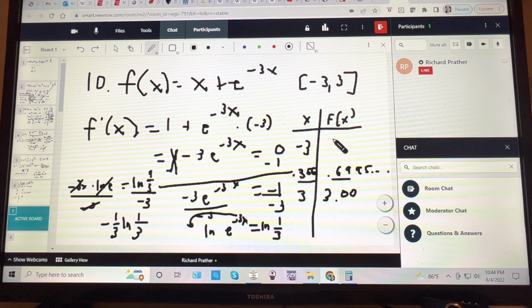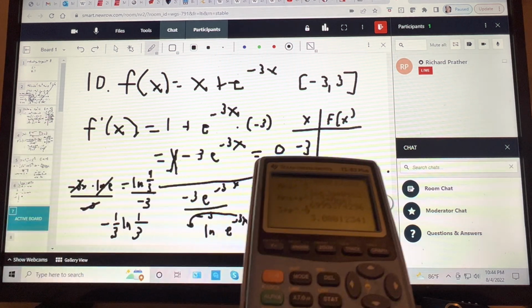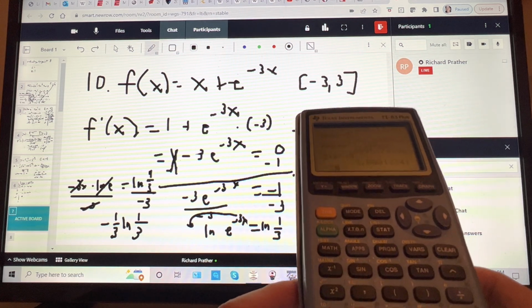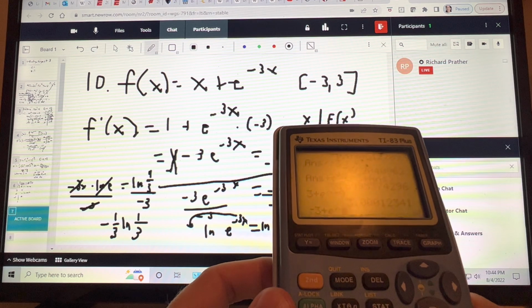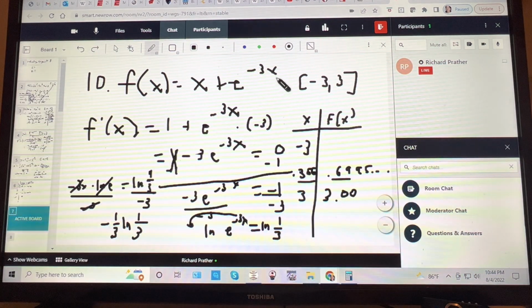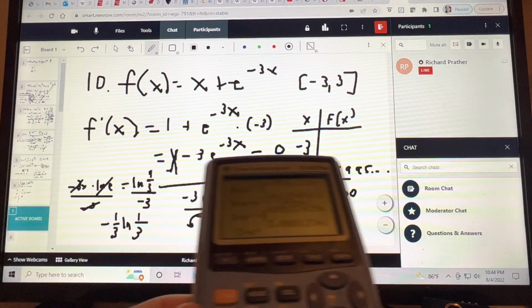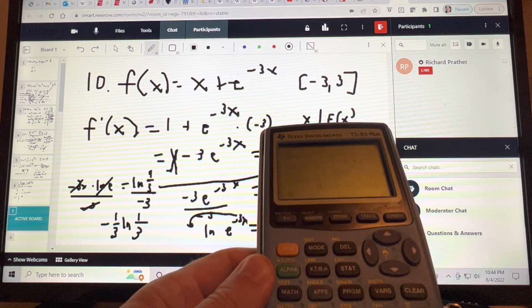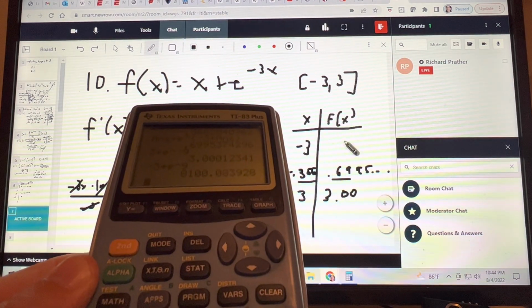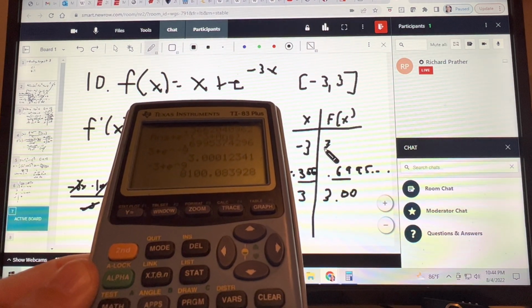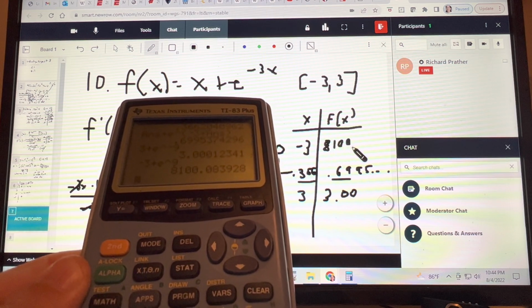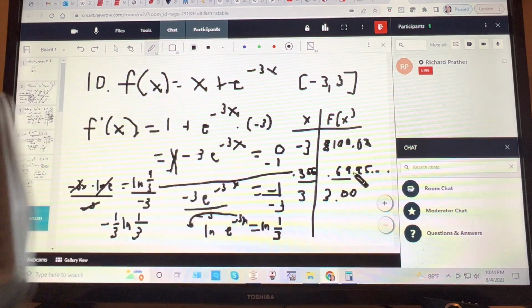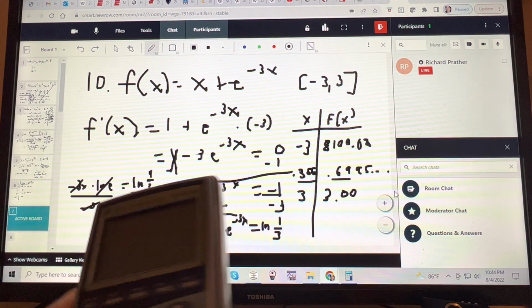So if this one turns out to be lower than this one, then we won't have to mess with the messy decimals. So now we need to do -3 plus e raised to the -3 times -3, which would make the whole exponent 9. And that's a huge number. So that one's the maximum, and that means our messy decimal is the minimum.